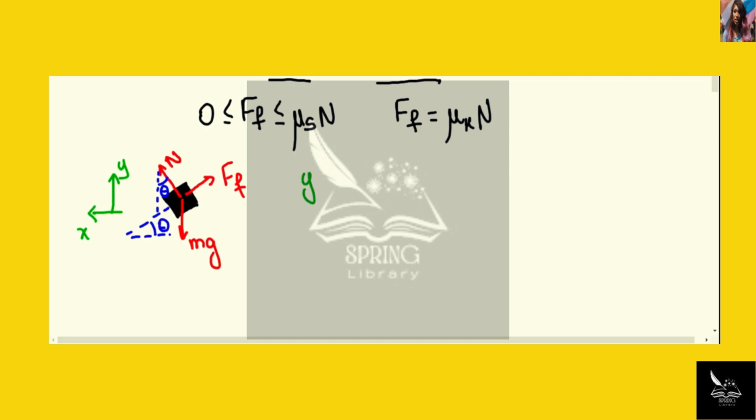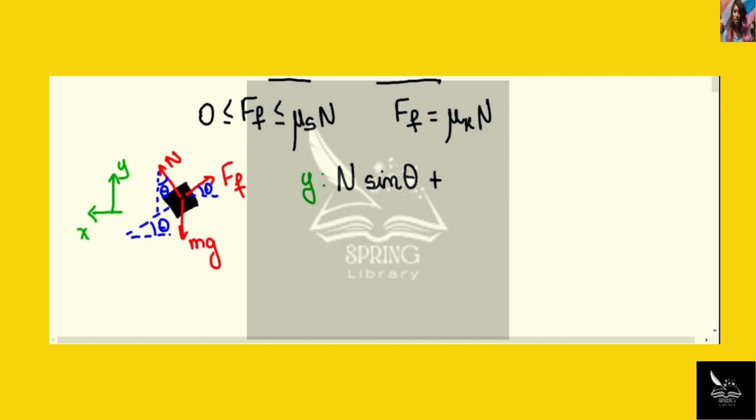So in the y component, we have n times the sine of theta minus or plus the friction force times the cosine of theta.